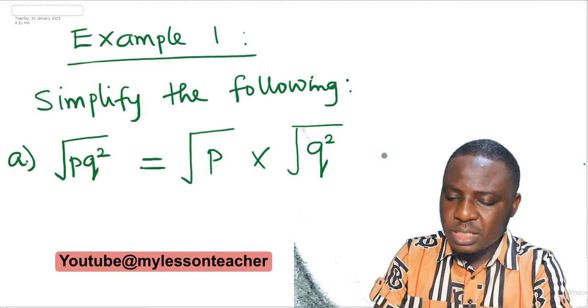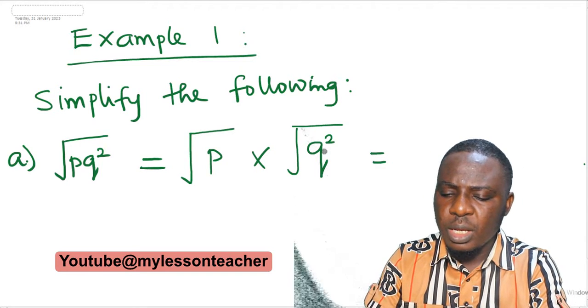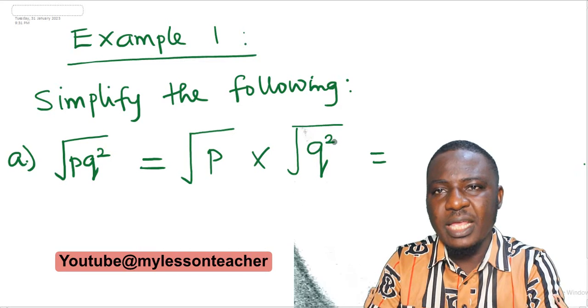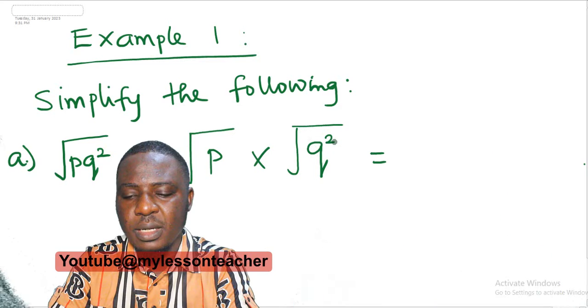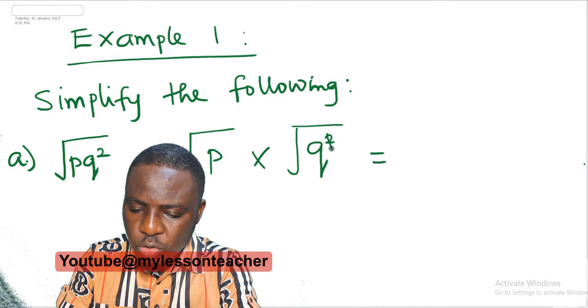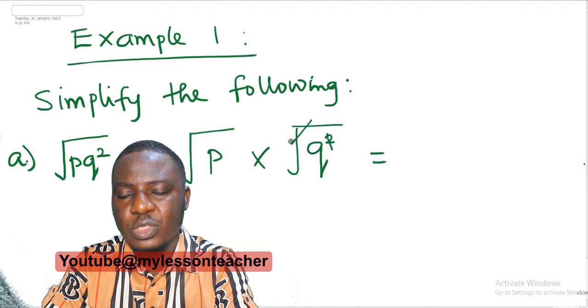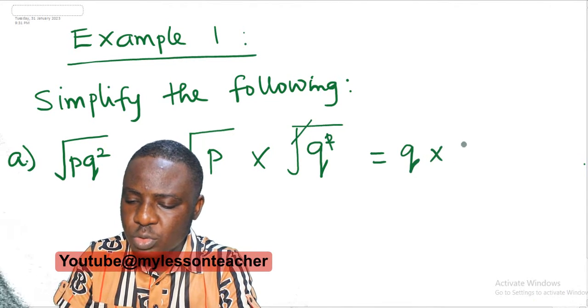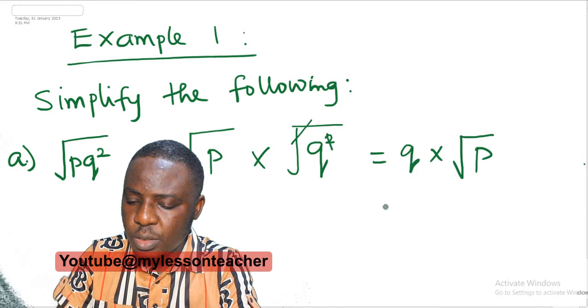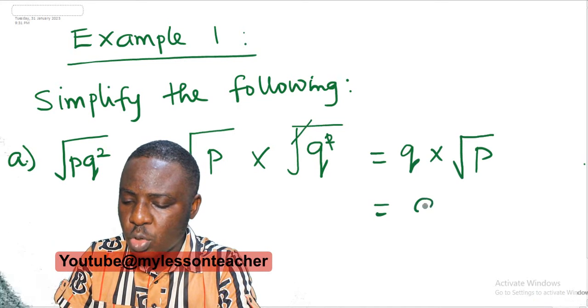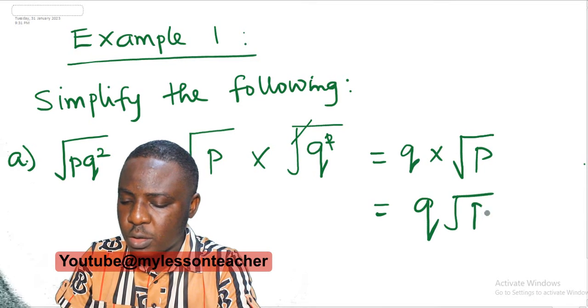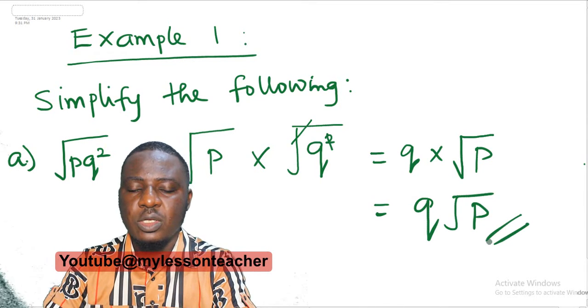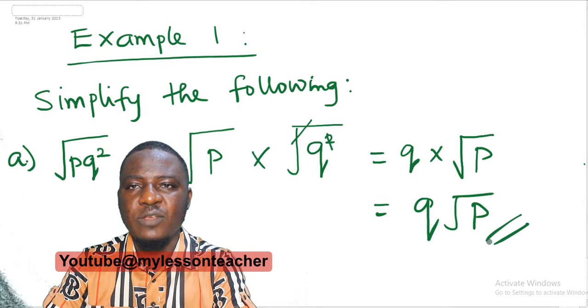And this can be simplified, since the square root of a square is said to be that number. So the square root of this will cancel the square of this, and this becomes Q times root P, which is equal to Q root P. So this can be simplified to give us this.